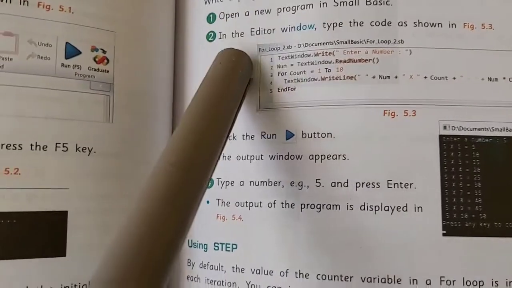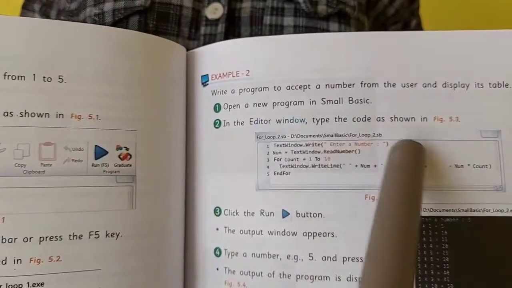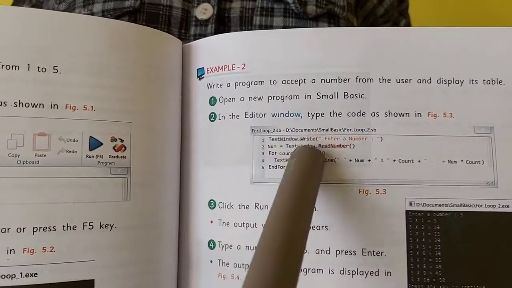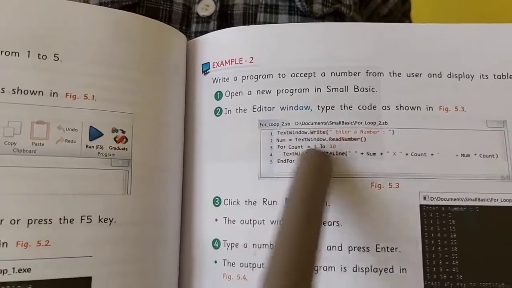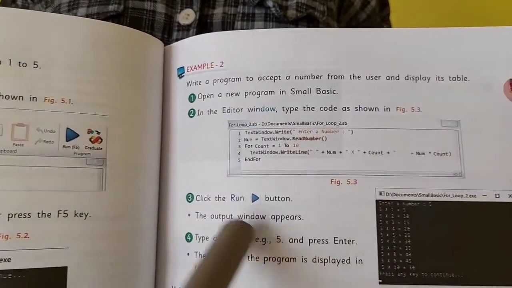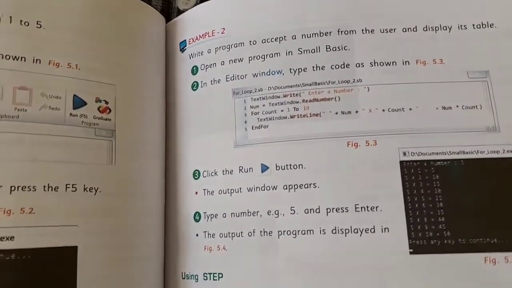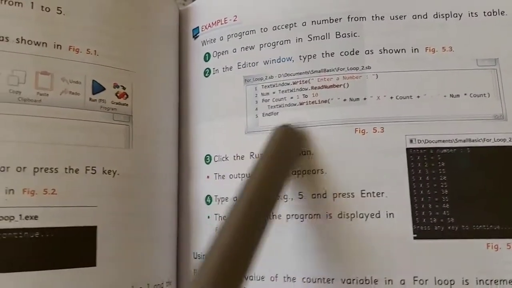Then we will click on new program and then in the editor window we will type the code. See, the code is like this. Text window, write, enter a number, then num is equal to text window, read number, for count 1 to 10. This is the code. Like this we will type it and after typing we will click on the run button or F5. Then this output will be shown to you.